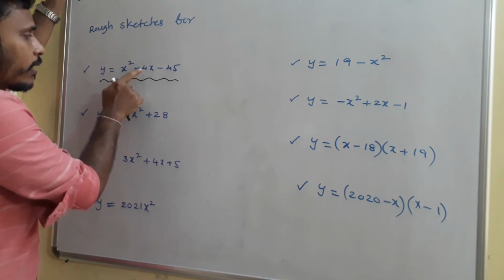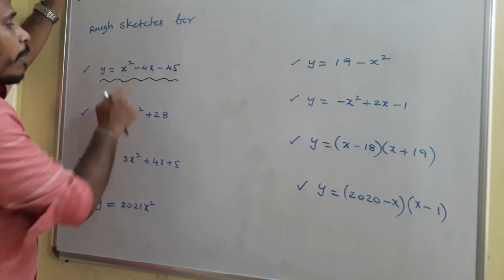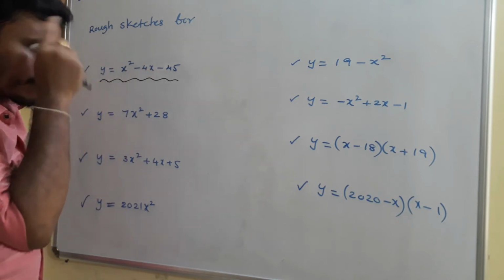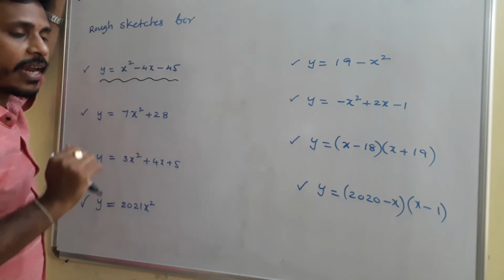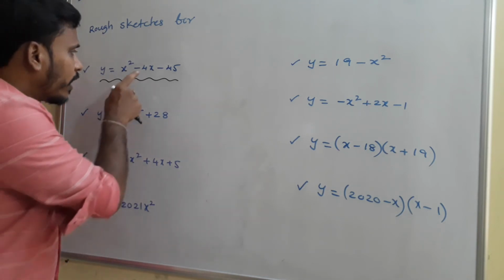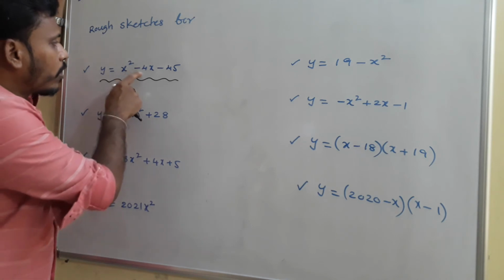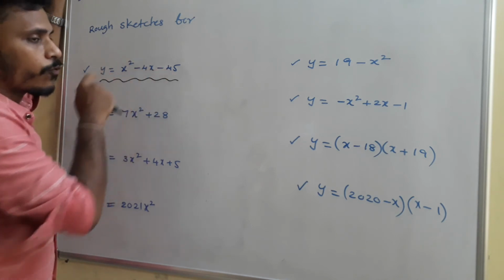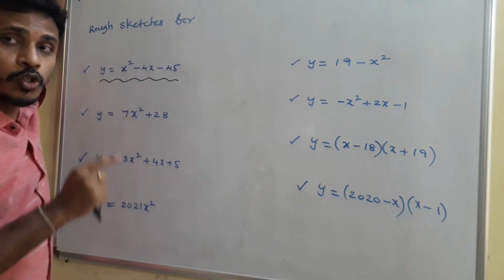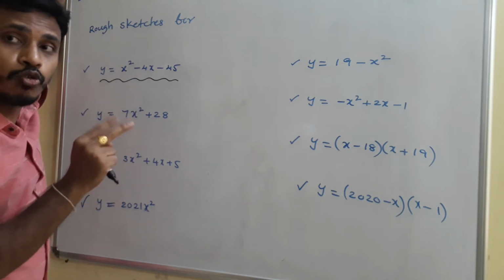B square is minus 4 square, 16, minus 4ac, minus 4 into minus 45. Just roughly calculate it; we don't need the exact value, just whether it is positive or negative. The discriminant is positive because 16 minus 4 into minus 45 is plus 4 into 45. So it intersects the x-axis at 2 points.